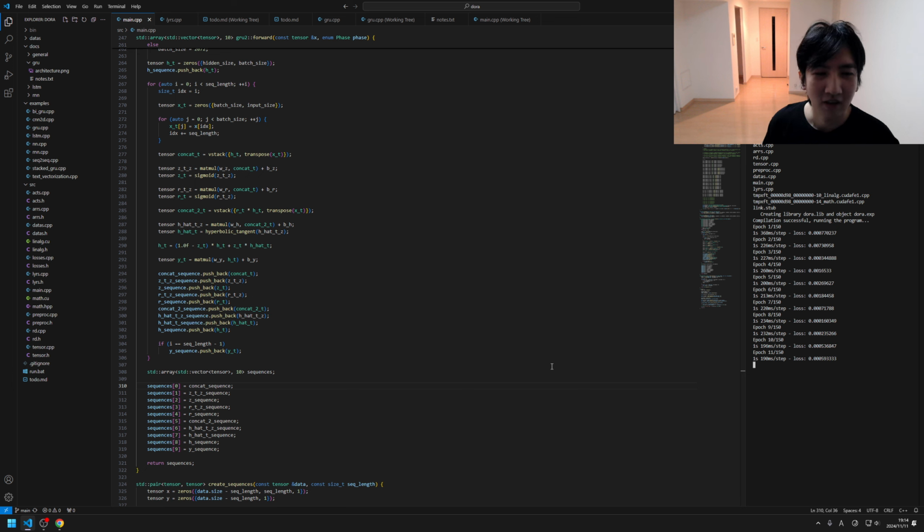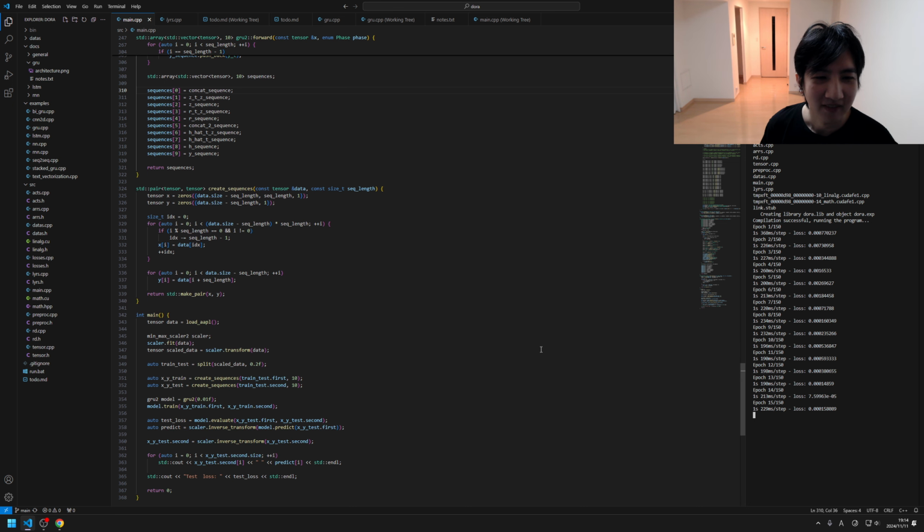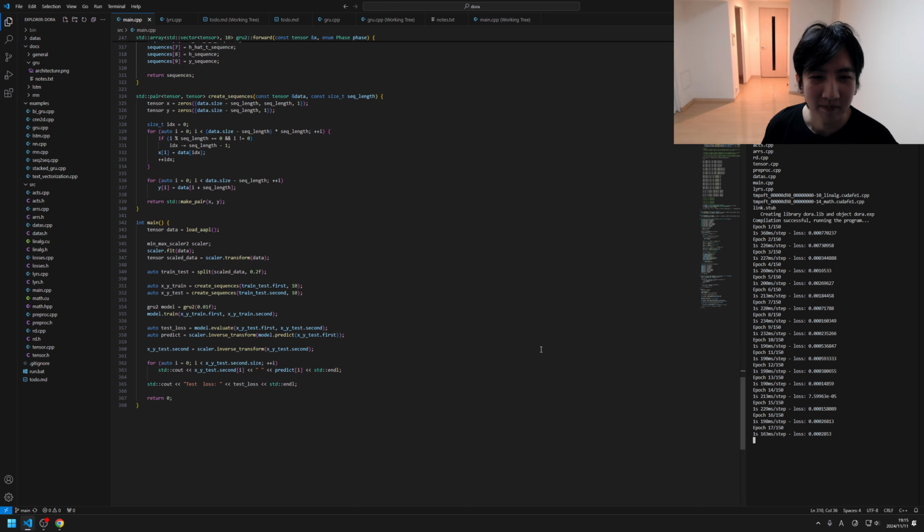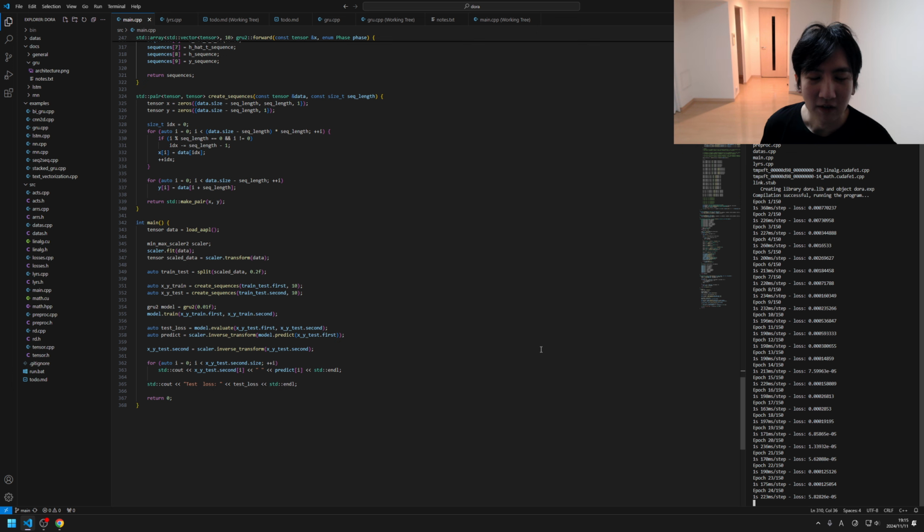It's an advanced version of LSTM. Like LSTM, it was created to solve the vanishing and exploding gradients.